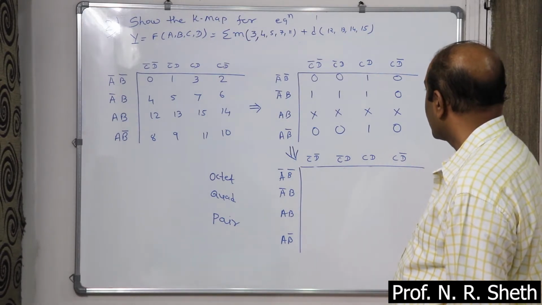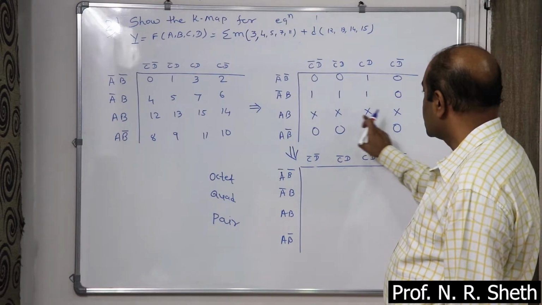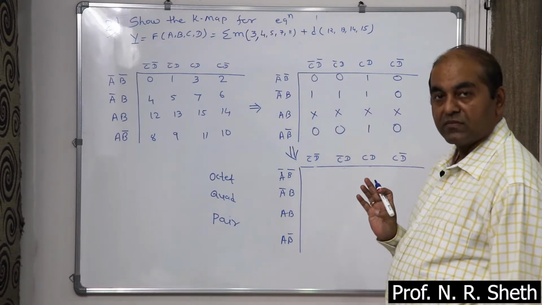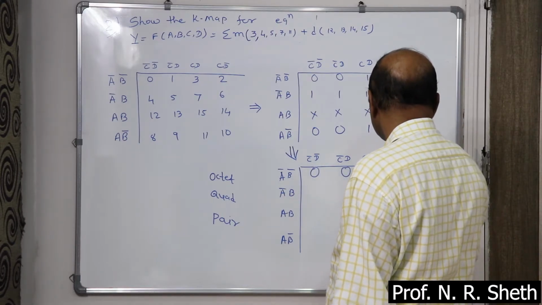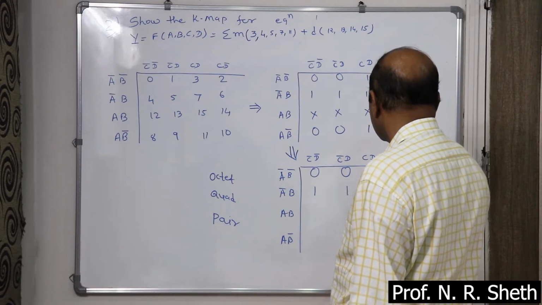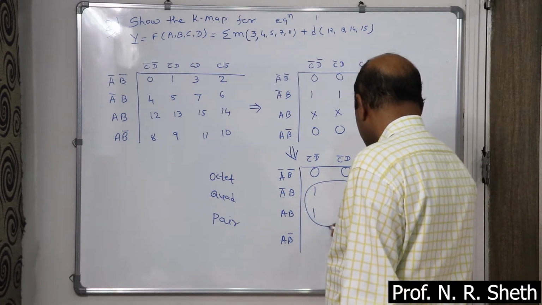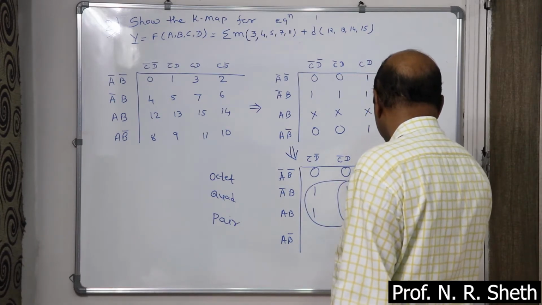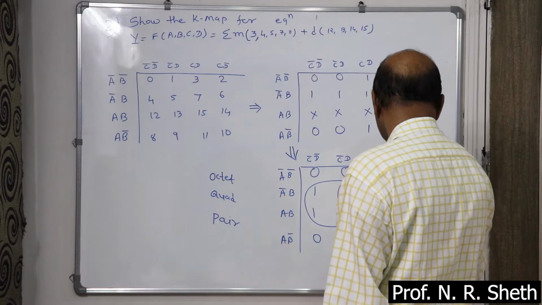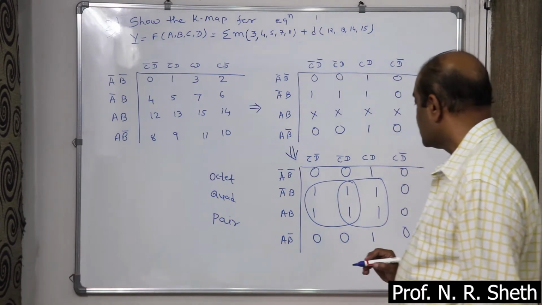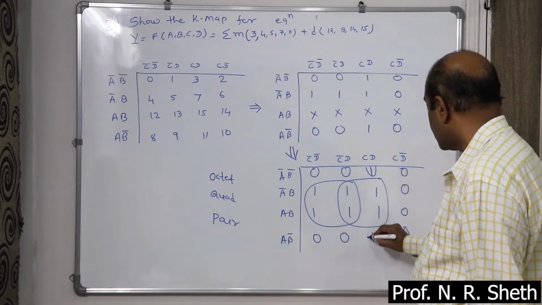Okay, now these 2 ones make a pair. These two have a quad. So 0, 0, 1, 0, 1, 1, 1, 0, 1, 1, 1. So group number 1, group number 2, 0, 0, 1, 0, 0. So you have a pair.